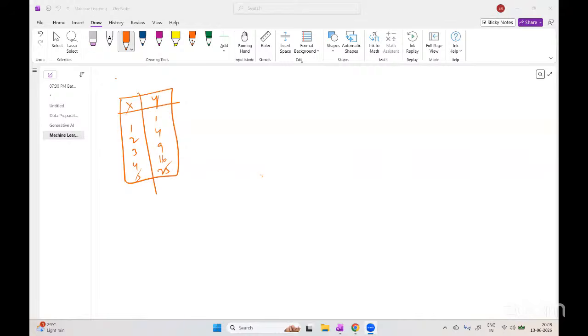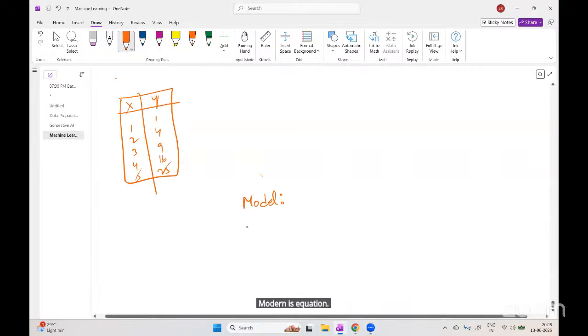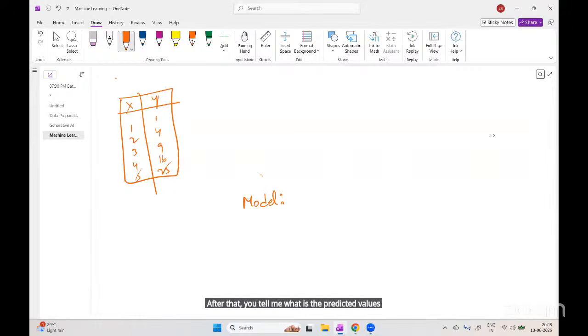First, tell me what is the model. Model means equation. After that, you tell me what are the predicted values. Paul, y is equal to x square, that is not linear regression. What is the question I asked, Paul? What is the linear regression model? I didn't ask non-linear regression. There is no square here.